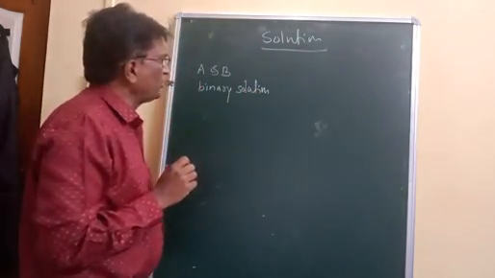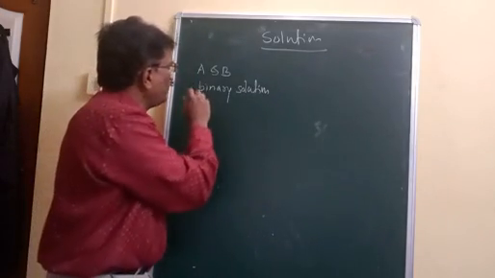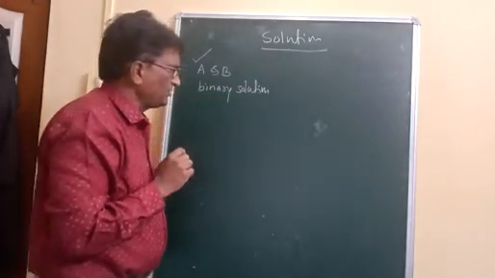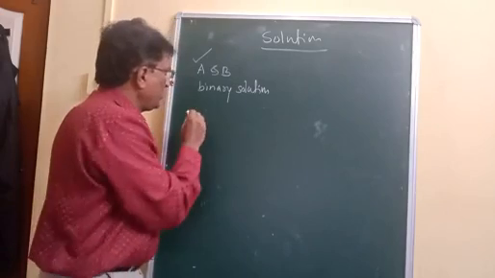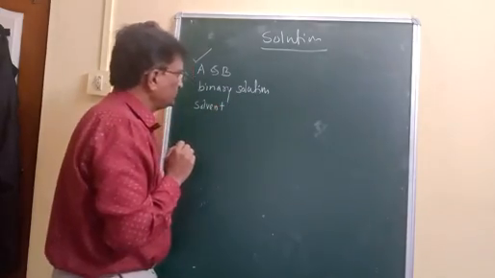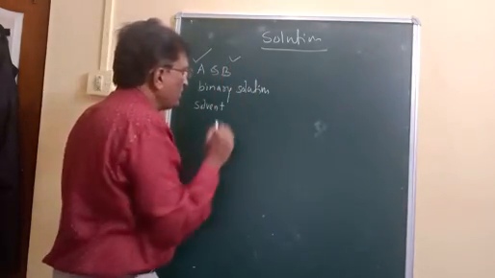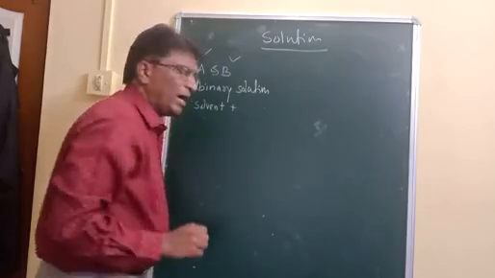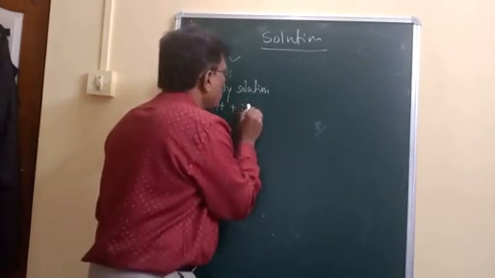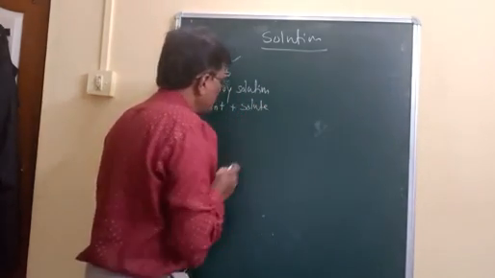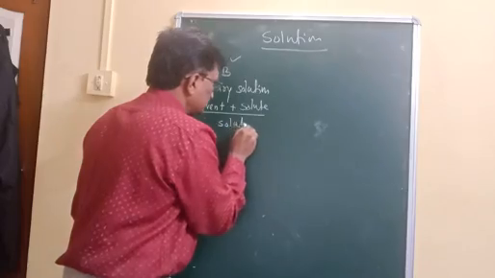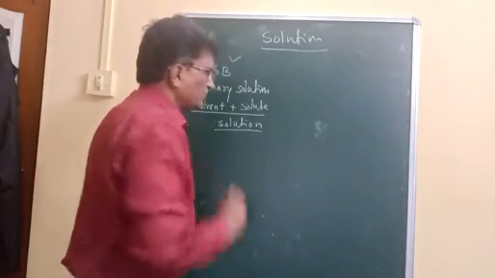Now in a binary solution, the component which is present to a larger extent, major extent, is called the solvent, and the component which is present in minor extent or lesser extent is called the solute, and a mixture of these two is called a solution.